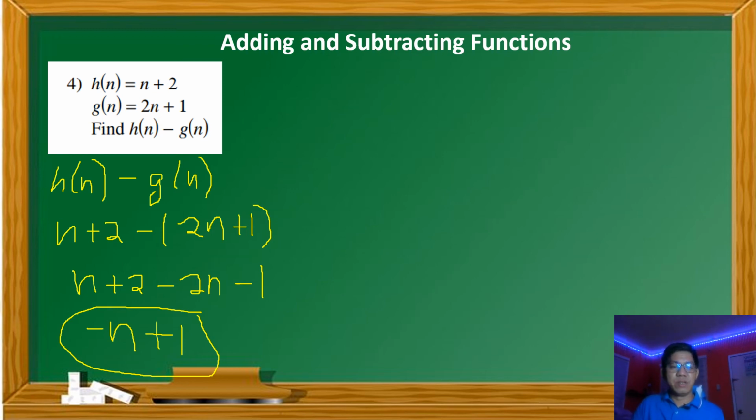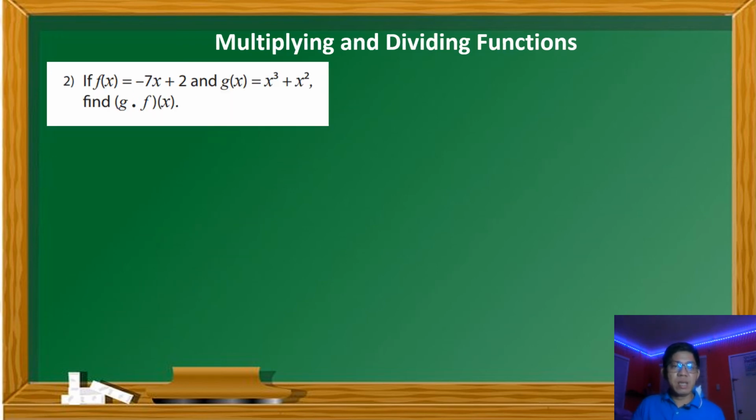Okay. So next example is multiplying and dividing functions. So here, this will be our example number 1. No typo error. So for example number 1, if f of x is equal to negative 7x plus 2 and g of x is equal to x cubed plus x squared, we're going to find g times f, or rather g of x times f of x.